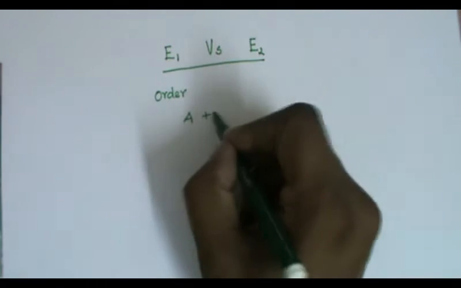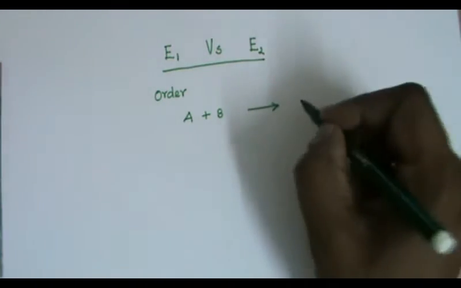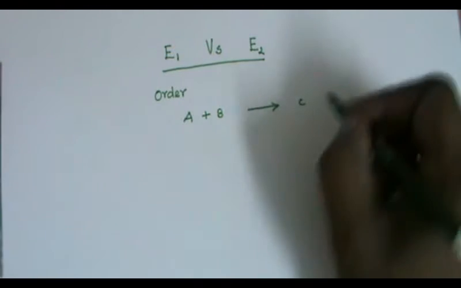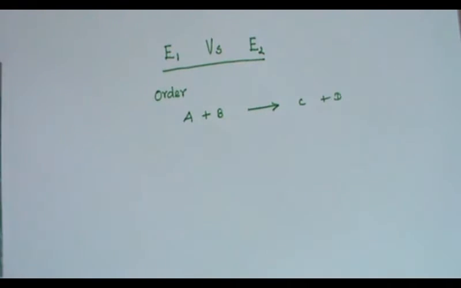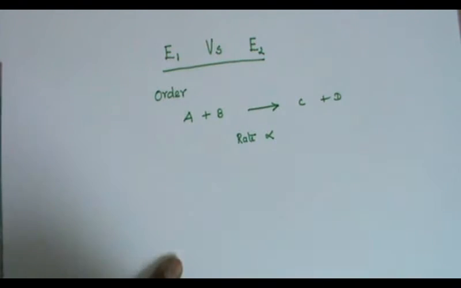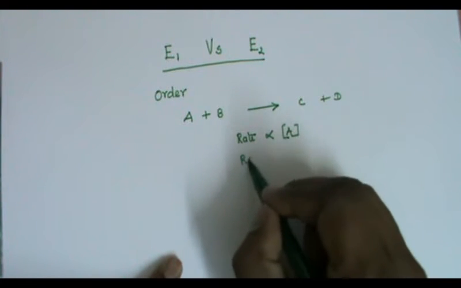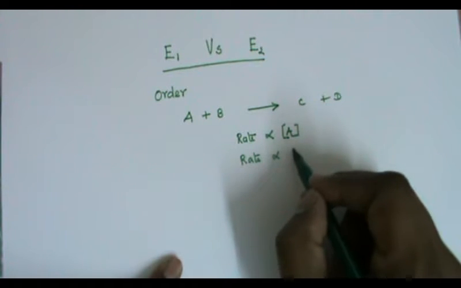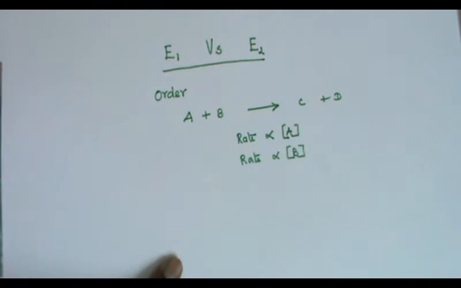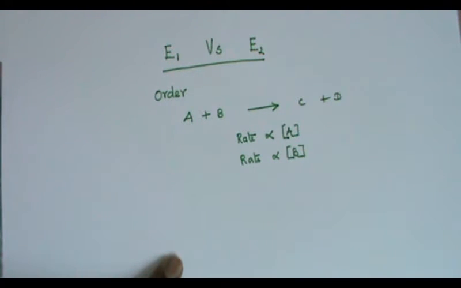Consider A and B reacting to give C and D. If the rate of the reaction is directly proportional to the concentration of either A or B, only one, then with respect to B there is no change.